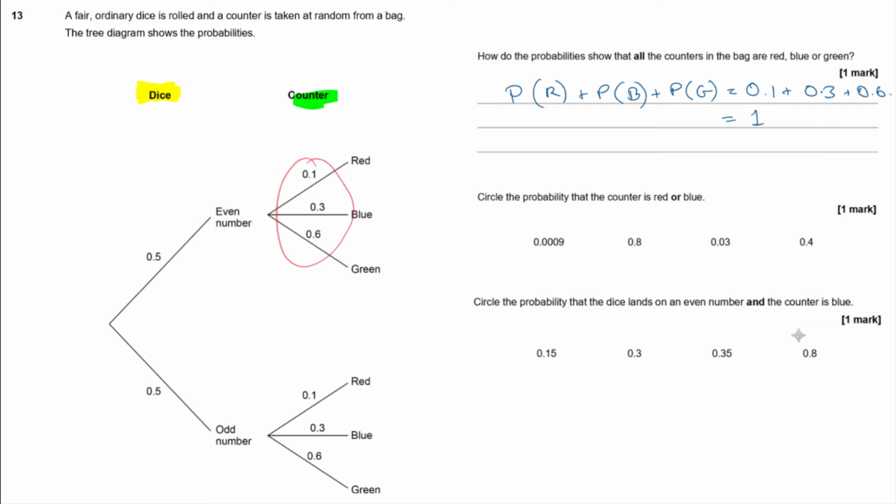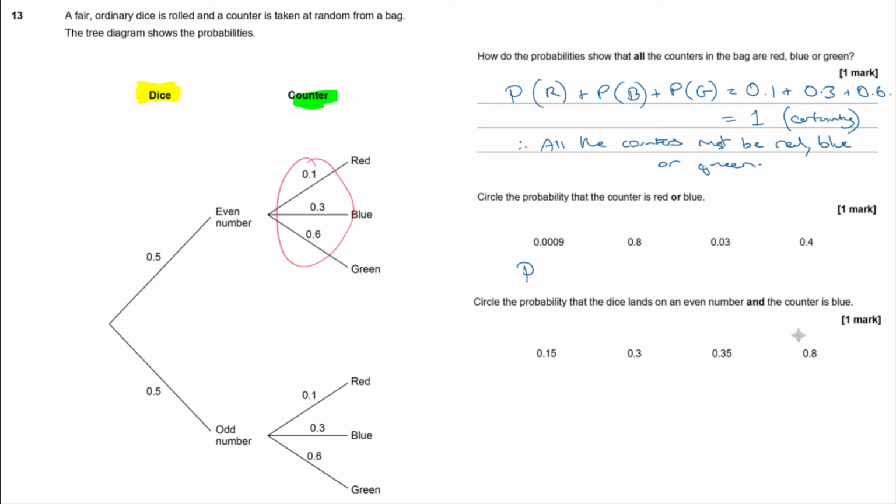Which is certainty, isn't it? Therefore all the counters must be red, blue, or green.